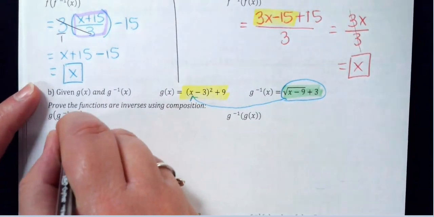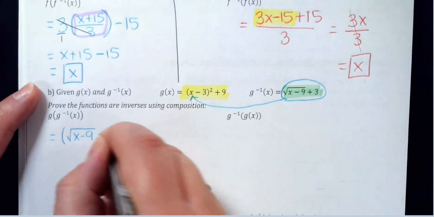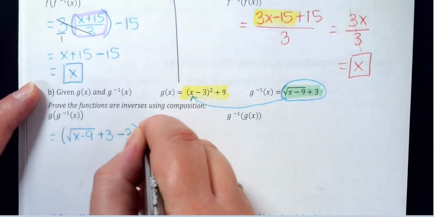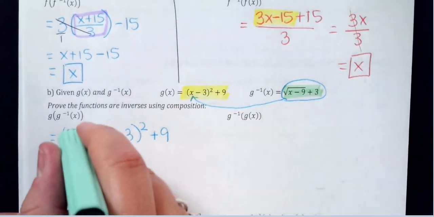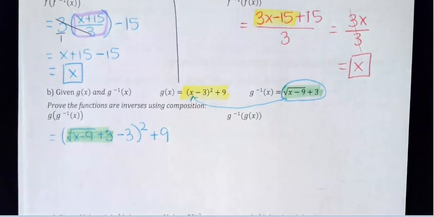So I'm going to put this x minus 9 under my square root, plus 3 is outside of that, and then I have a minus 3, and that whole thing is squared, and a plus 9 is on the outside. So here is where I put that inverse in place of x, and then it had the minus 3, the squared, the plus 9.